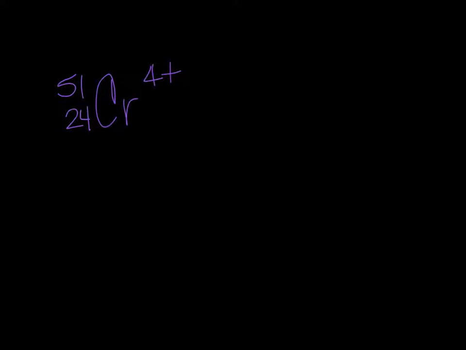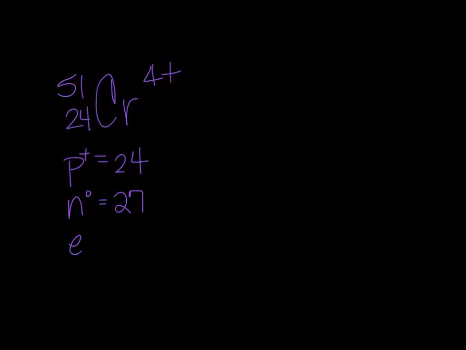And so what we need to do is figure out how many protons it has. And so the number of protons is always going to be the atomic number right here. The number of neutrons is going to be the mass number minus the number down here, so you just subtract those two. And so that's 27. Whoops.